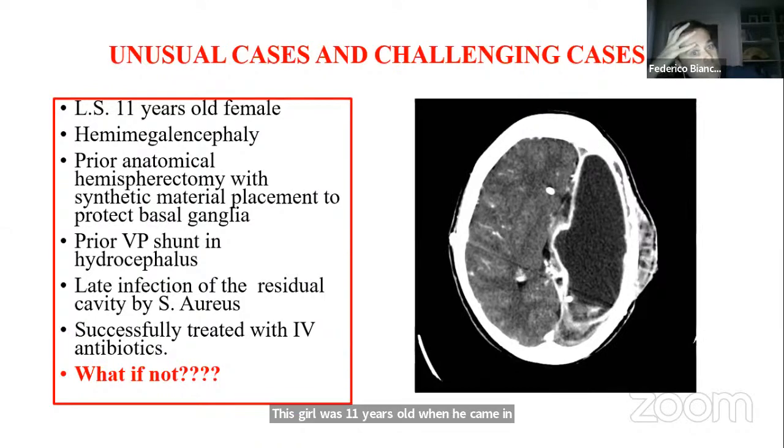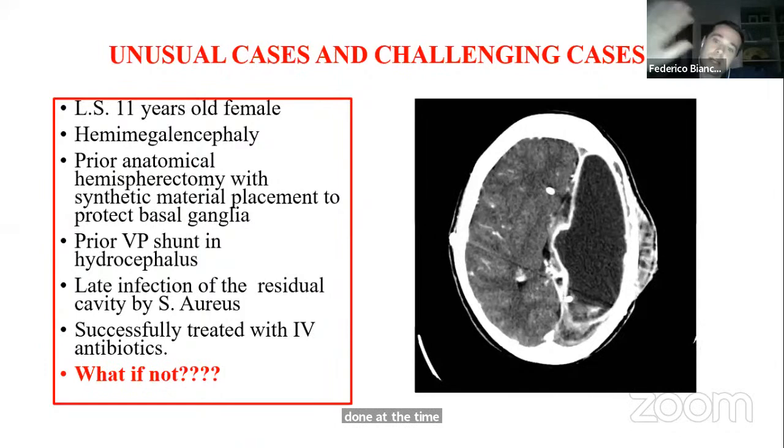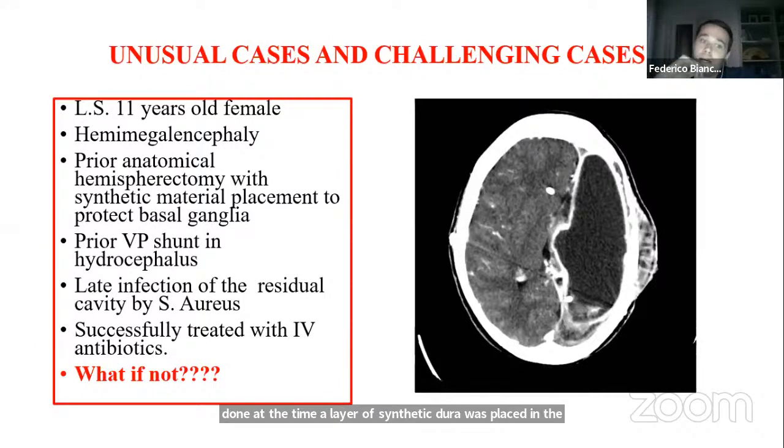During childhood, she was operated on with an anatomical hemispherectomy for hemimegalencephaly, and as was done at the time, a layer of synthetic dura was placed in the surgical cavity to protect the basal ganglia. Years later, she developed an infection of the residual cavity, luckily by Staphylococcus aureus, and we managed to treat it with only intravenous antibiotics.